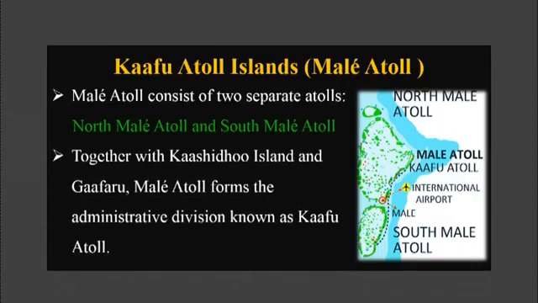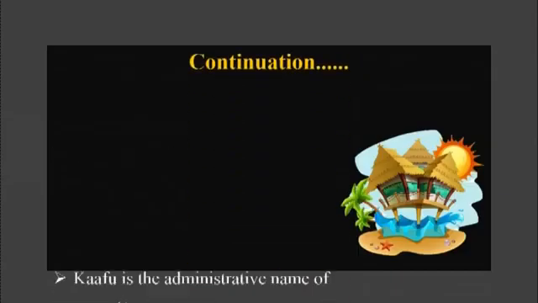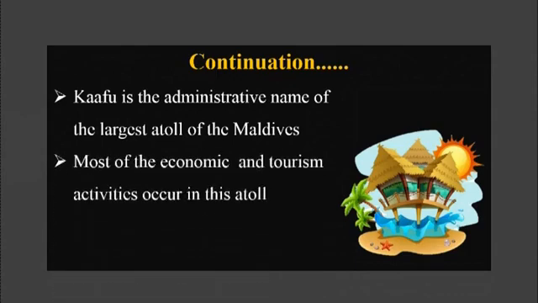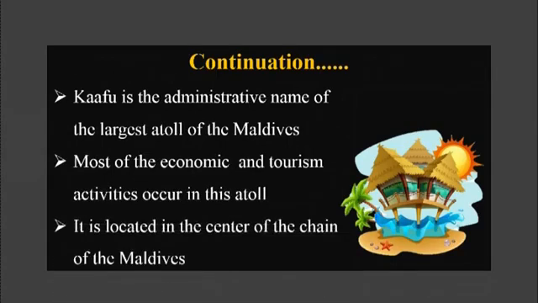Together with Kaashidhoo Island and Dhiffushi, Male Atoll forms the administrative division known as Kaafu Atoll. Kaafu is the administrative name of the largest atoll of the Maldives. Most of the economic and tourism activities occur in this atoll. It is located in the center of the chain of the Maldives.